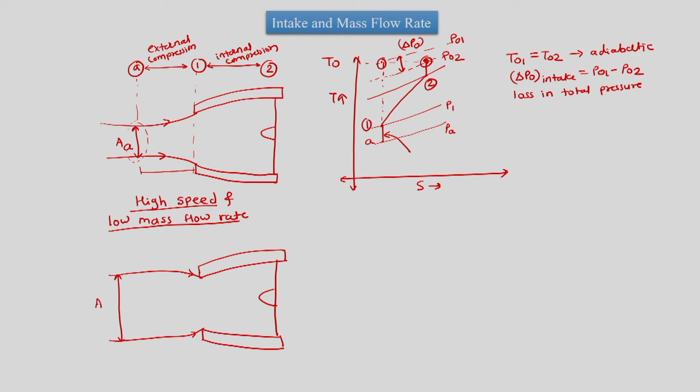So, we would have captured more area at station A than the face area of the intake at station 1. So, if we try to plot the TS diagram, then we are here at station A, and it is P_A, but P1 has lower pressure, then this is A to 1. So, there is expansion in the process A to 1, velocity will increase, and then 1 to 2.